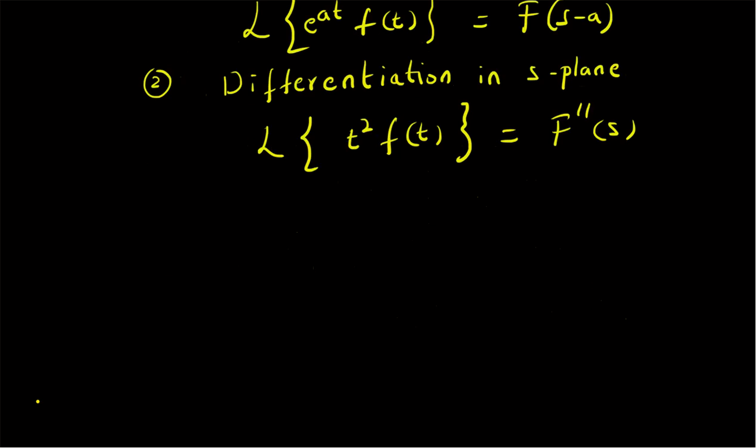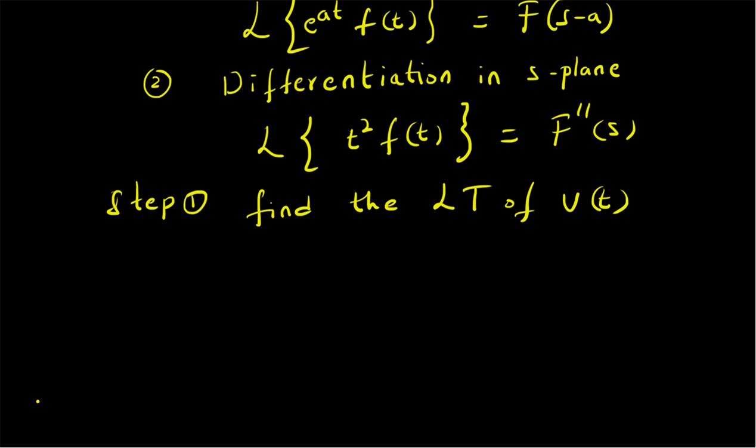So the first step is step 1. We have to find the Laplace transform of the unit step signal, that is u of t, which can be easily defined as U of s is integral 0 to infinity u of t e power minus st dt.